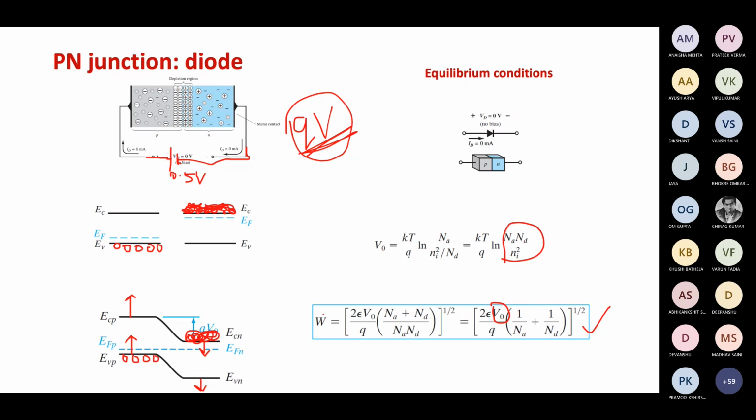After a certain point, this ECN and EVP will be at the same level, or maybe ECN might even go below EVP as well. But how can electrons sitting here go to this side? Because there is this in between. There seems to be not a direct path actually.